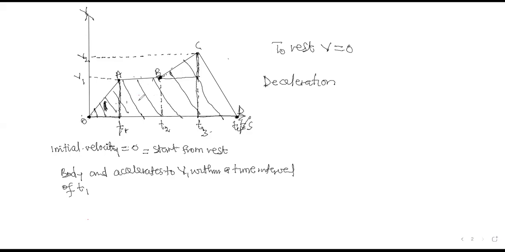ABT2T1 is a rectangle, 2. Then BCT3T2 is a trapezium, 3. And CDT3 is another triangle, 4. So you find the area of this triangle, this rectangle, this trapezium, this triangle, and then add to get the total distance traveled by the body. Class, is that okay? Yes, sir.